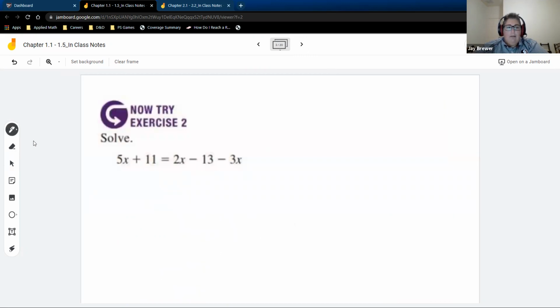Okay, so for this problem, what we're going to do is we're going to solve it. The first thing we're going to do is combine our like terms. So we're going to combine our X values, and conventionally, I like to combine them to the left. You'll see in section 1.5 when we discuss inequalities, there's actually a really great reason for getting into that habit of solving for the unknown on the left.